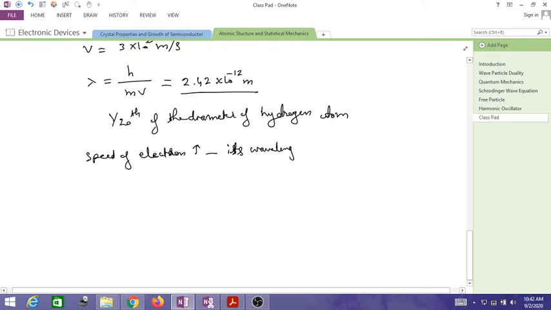That is what we can conclude with this example. Okay, so now let us talk about quantum mechanics.